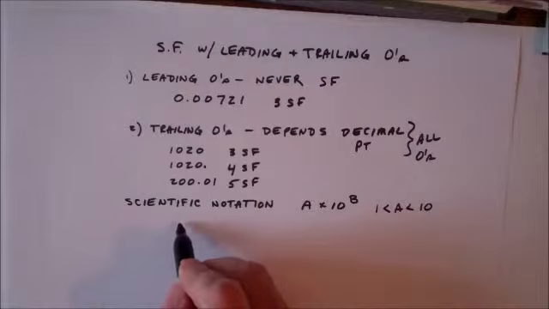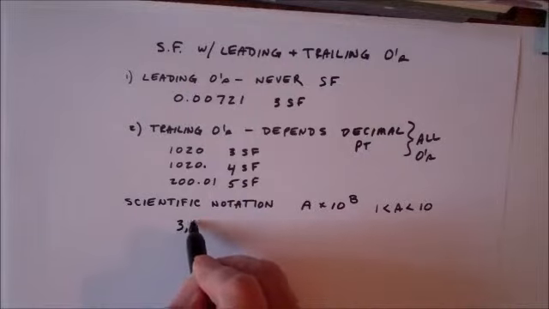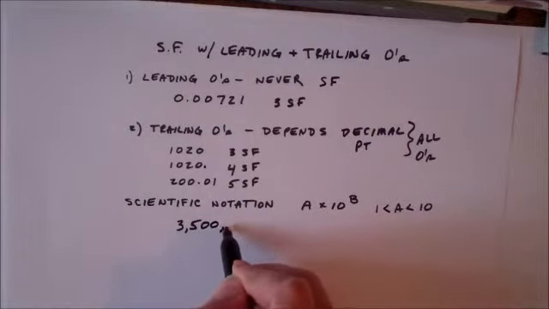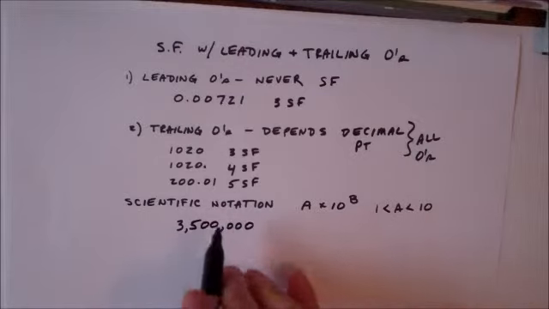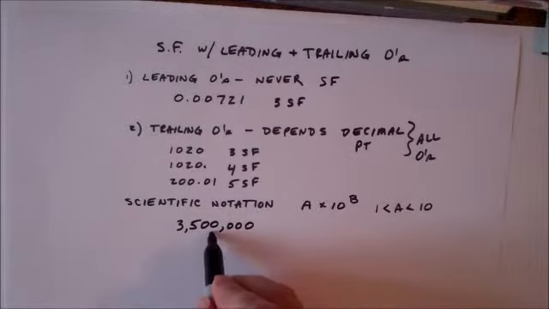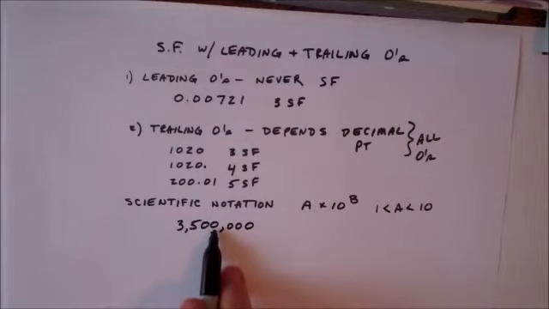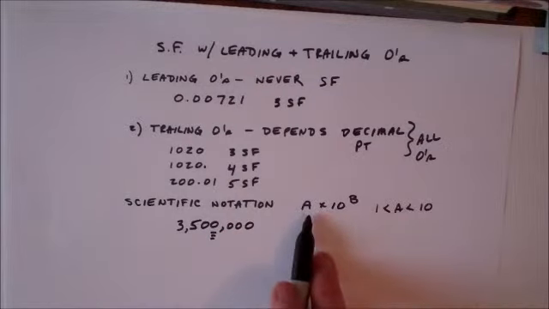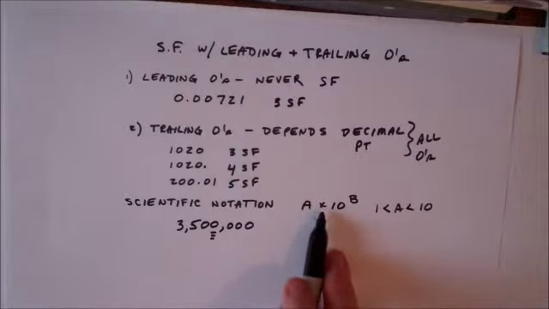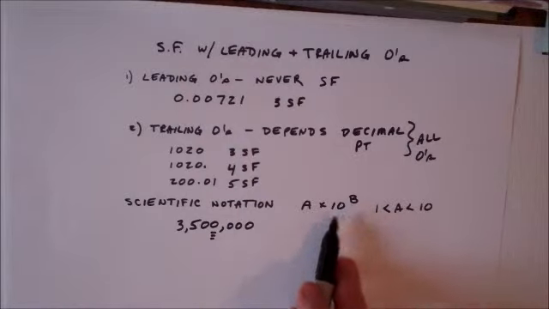So for instance, if we wanted to represent the number 3,500,000 to 4 significant figures, indicating that our measurement uncertainty is in the thousands digit, then we'd have to resort to scientific notation. In scientific notation, we have the form a times 10 raised to a power b.